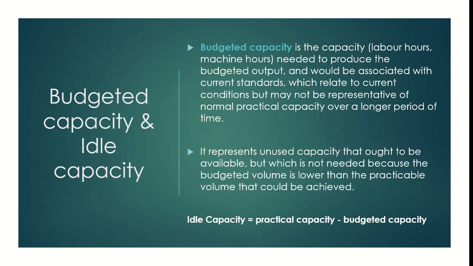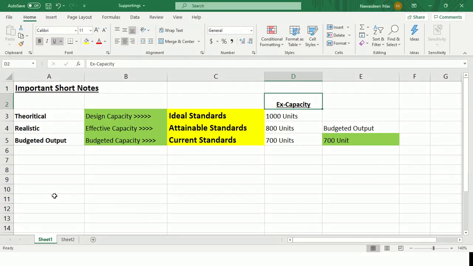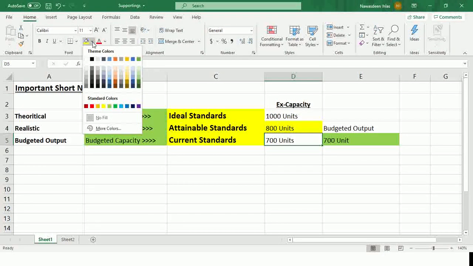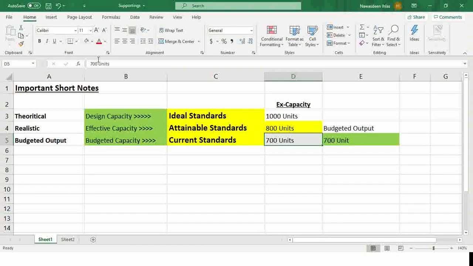So look at my example. According to our attainable standards, what is our capacity level? Our capacity level is 800 units. Those are more realistic.